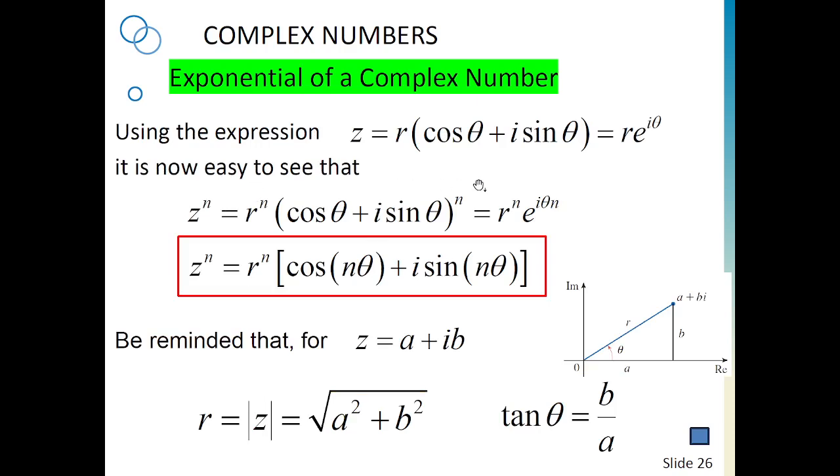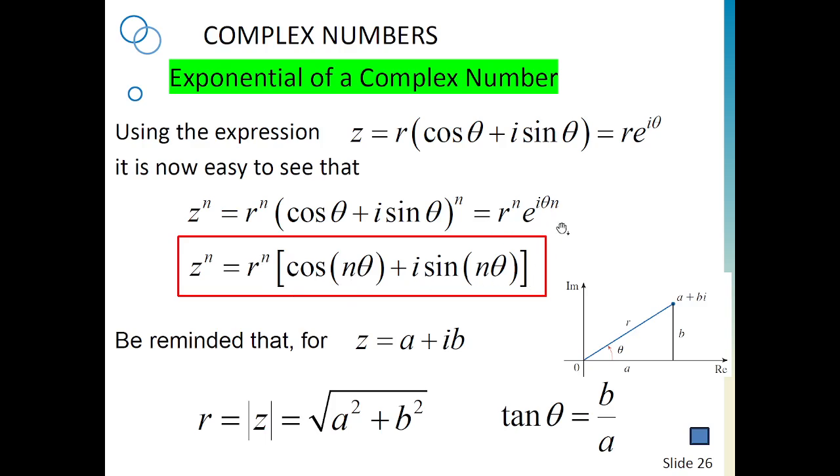Now when we have this exponential form or Euler form of the complex number, putting it to a power n gives r to the power n, and then the exponential to the power n, so the n is here. Suddenly we realize why the formula that we got, r to the power n and cosine of n theta, is what it is.